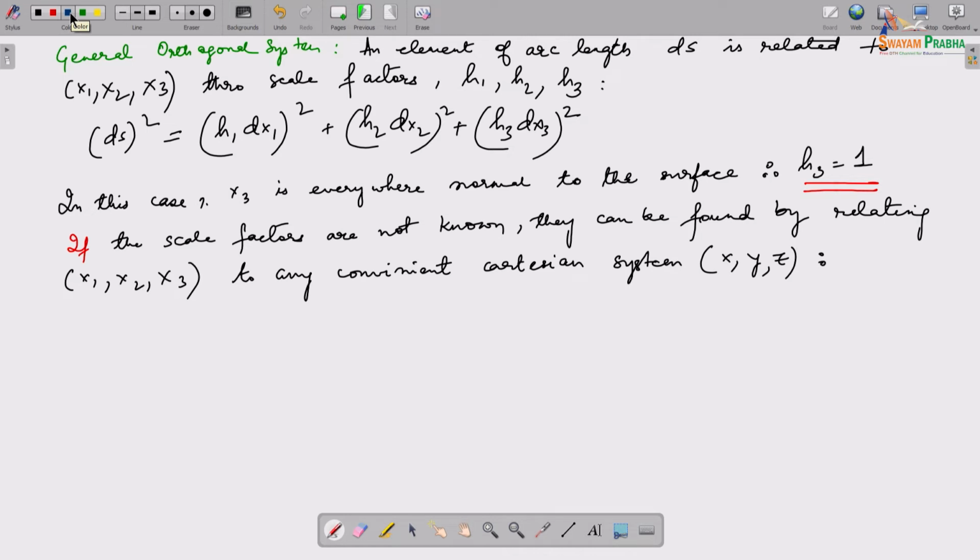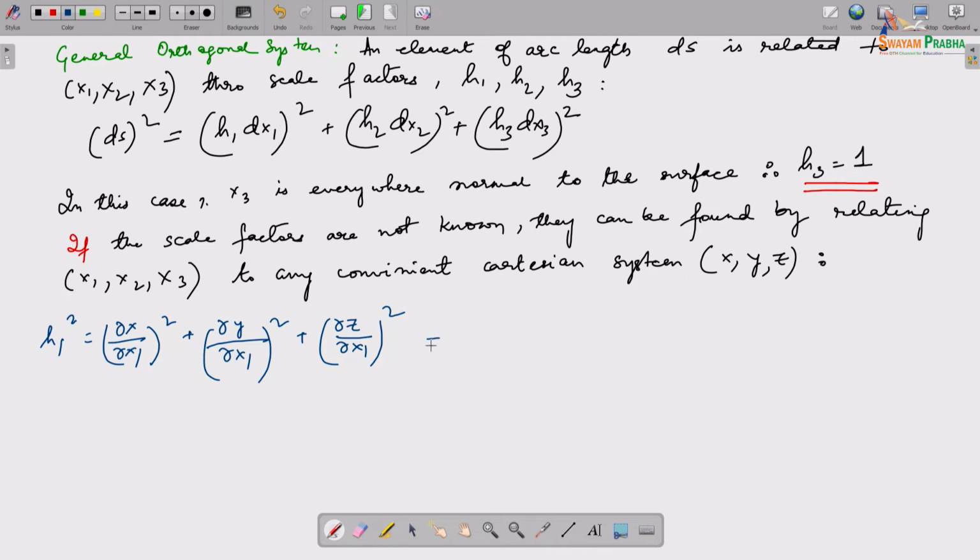So h1 squared is del x del x1 squared, plus del y del x1 squared, plus del z del x1 squared.